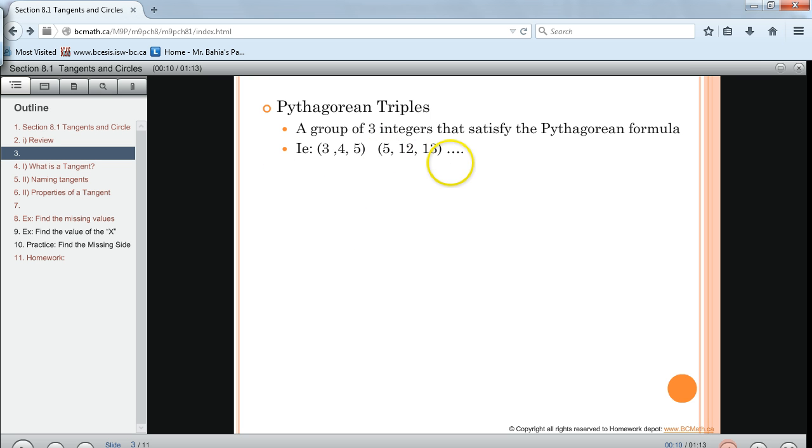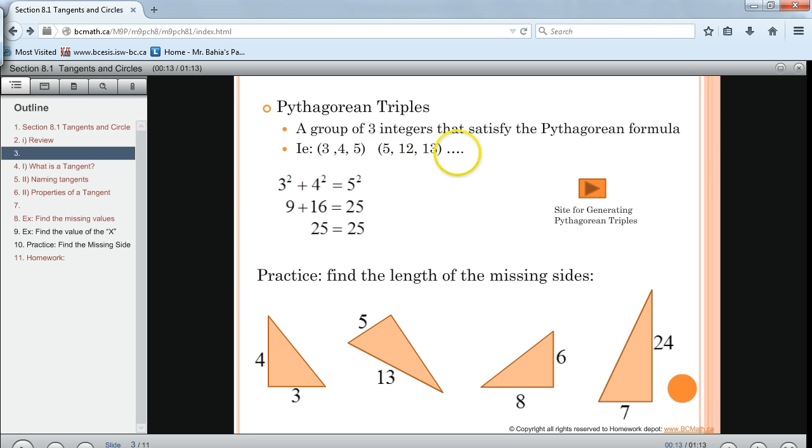The 5, 12, 13 is another Pythagorean triple. Here's the proof of that. So if you square these two together, 3 squared plus 4 squared, you should get 5 squared. Let's prove it. Well, 3 squared plus 4 squared is 9 plus 16, which is 25, and that equals the other side. The same thing would happen with these three.